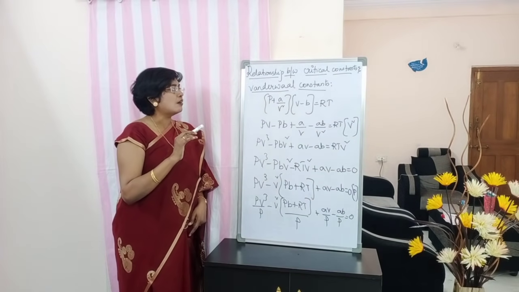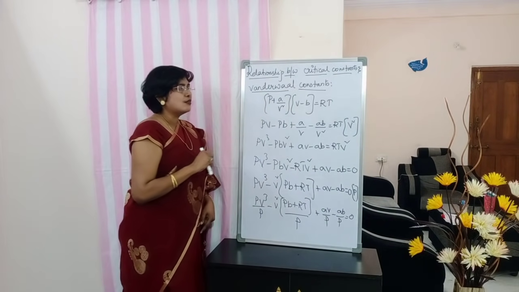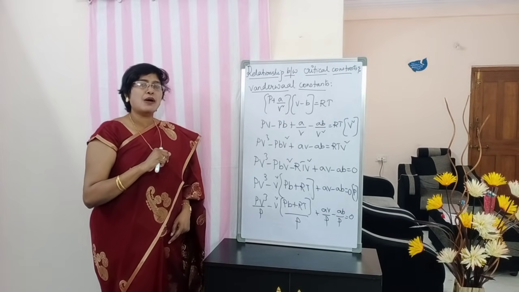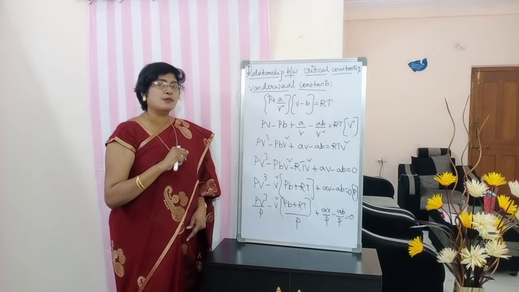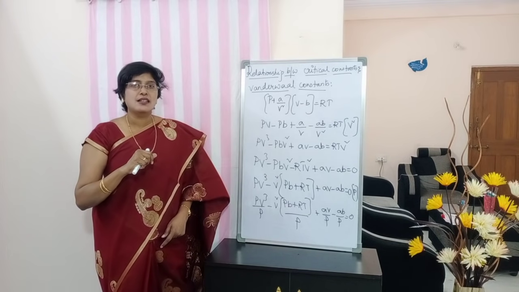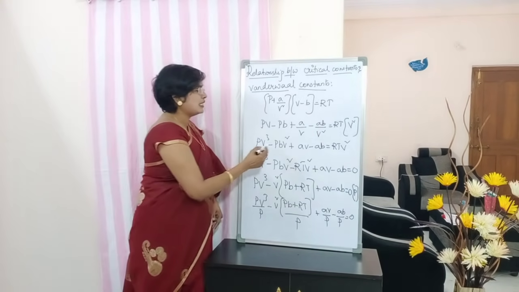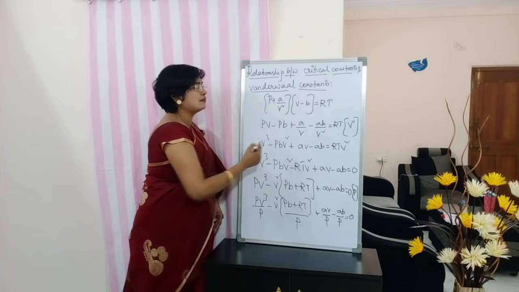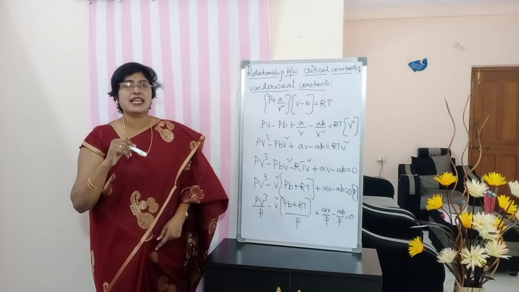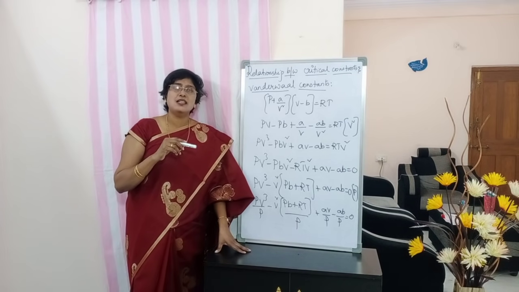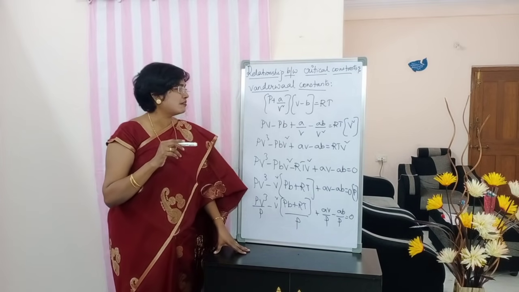Fine. Now, in the brackets, what you are supposed to write? Multiply the equation both the sides by V². What is it, students? We should multiply both the sides of this equation with V². Right, in the brackets, multiply the equation both sides by V².